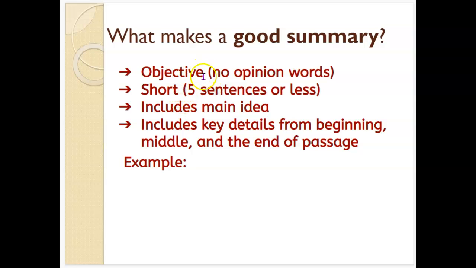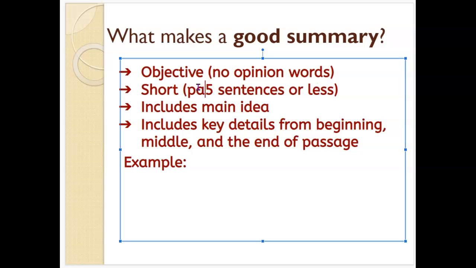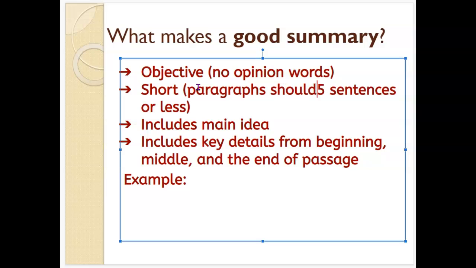It should be true, actually what the passage says. Should be short. If we're writing a paragraph, it should be 5 sentences or less. It should include the main idea of whatever the text is, what they're asking you to summarize. It should include key details from the beginning and the middle and the end of the passage.